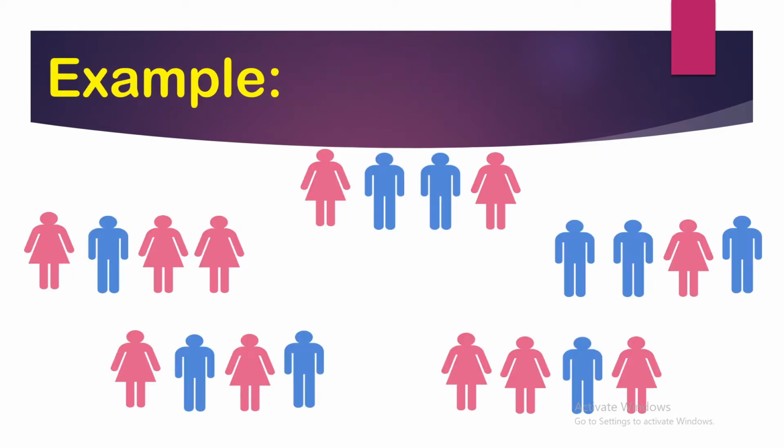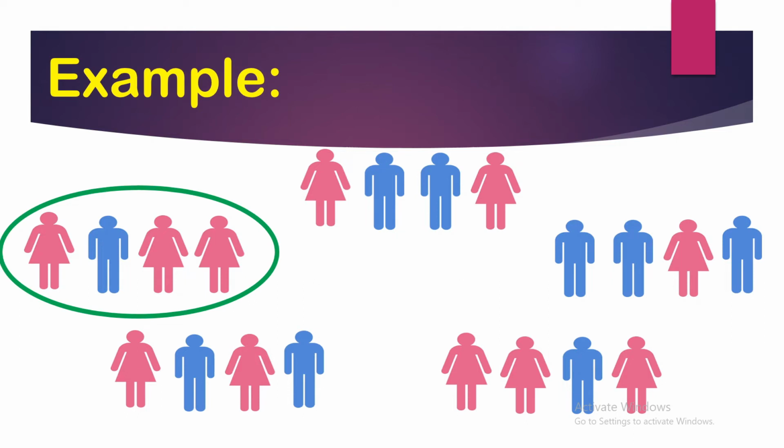Example, we have here again 20 members of the population grouped into 5. If we're going to take 4 people for our sample, we simply have to choose one subgroup. So say for example, we take this one.